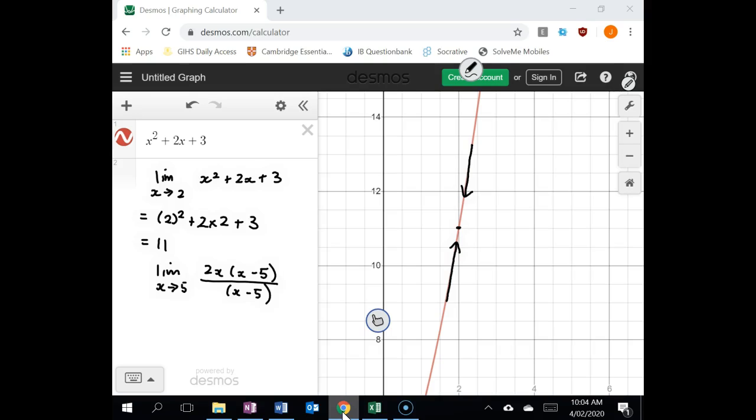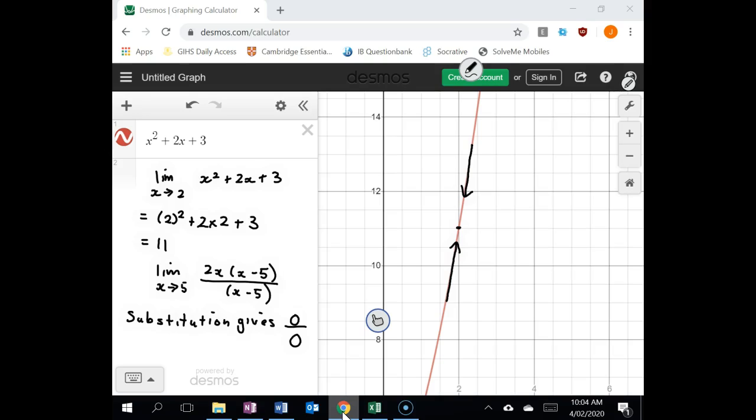So the issue is that substitution gives 0 on 0, which is actually downright meaningless. There is no number attached to 0 divided by 0. So then how do we do it?